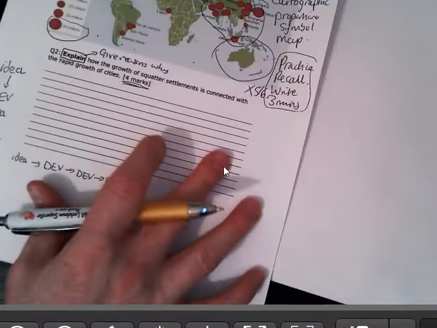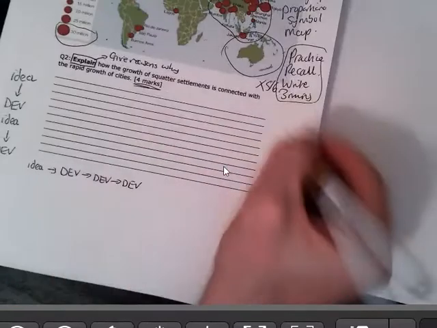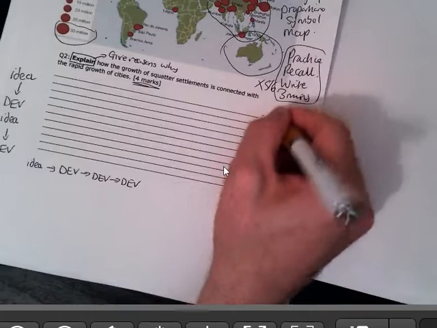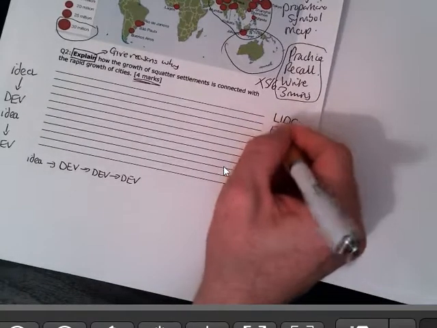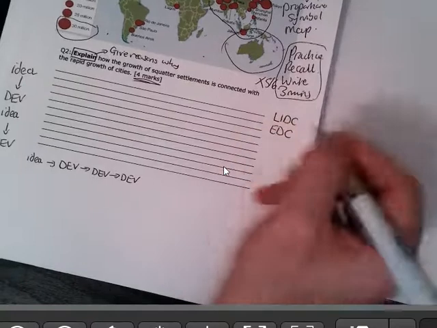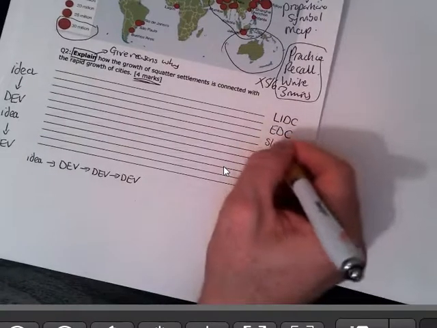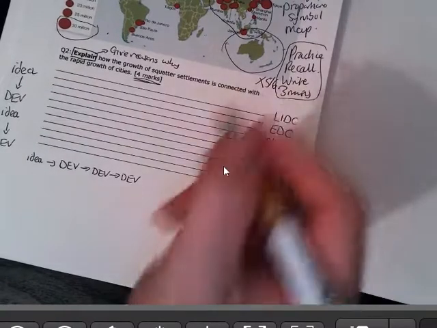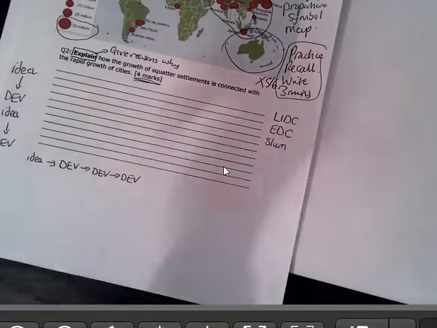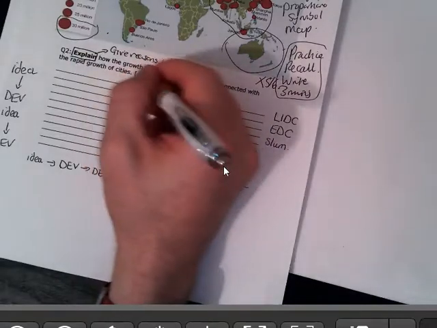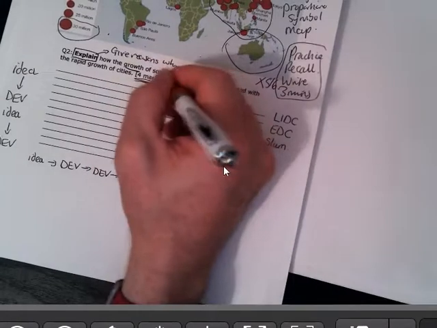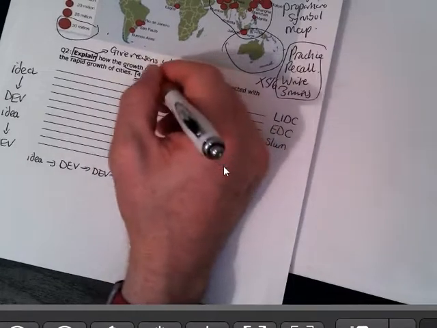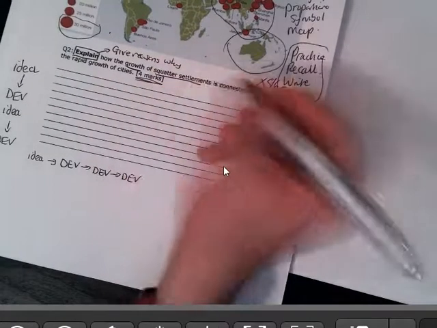Now in this question, examiners would give you a mark for a named LIDC or EDC, squatter settlement or slum. Growth is a key word here for our underline. Obviously squatter settlement.